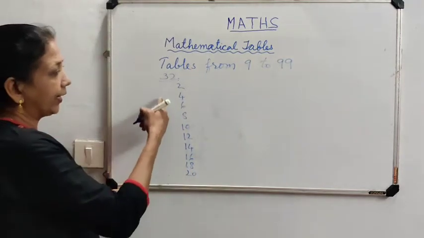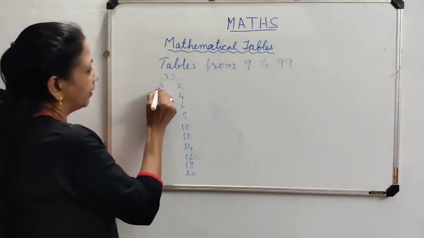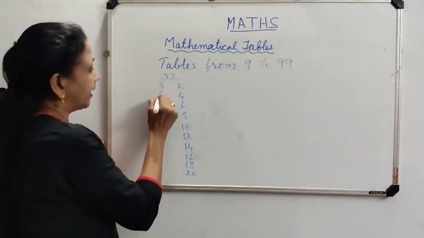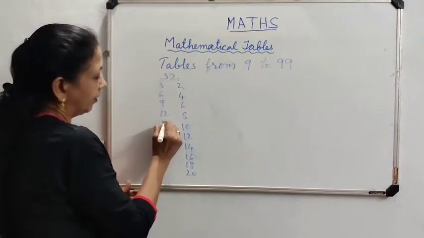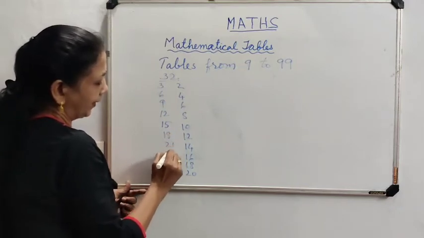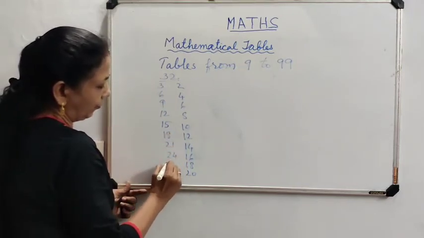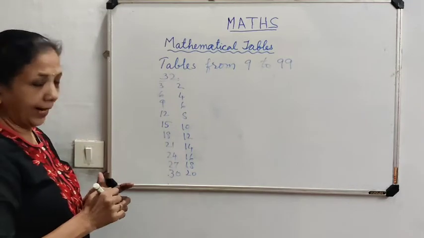Now here write the 3 table: 3, 6, 9, 12, 15, 18, 21, 24, 27, 30.